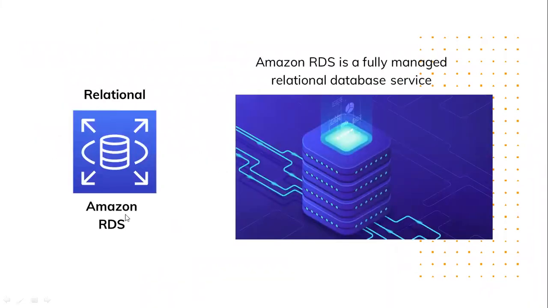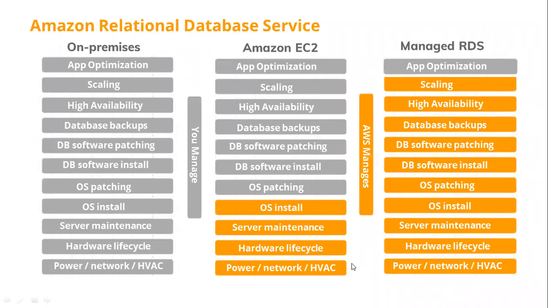Coming to the relational database, which is RDS. This RDS is a fully managed relational database service. When you manage everything from the networking up to the application, you will be managing whatever databases and applications are running. But in EC2, up to the OS install, AWS manages it, the orange ones.